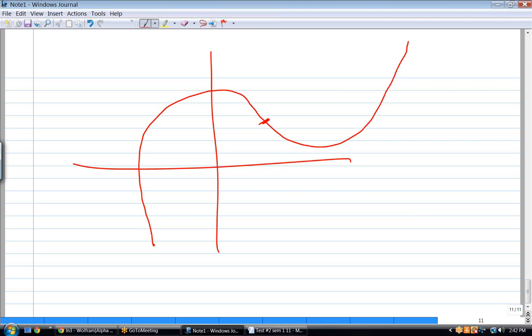It goes from concave down to concave up. And inflection points are where the second derivative is equal to 0. So if I take the second derivative of my function and set it equal to 0, that's my inflection point.